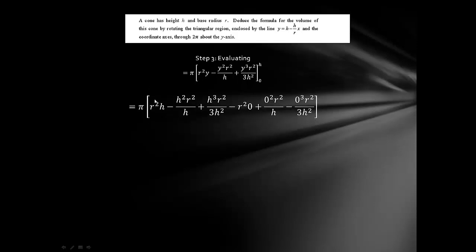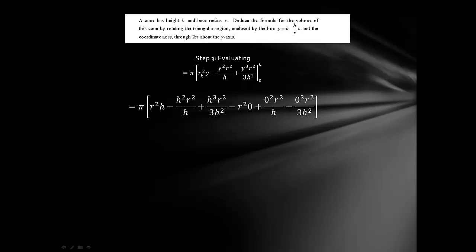So we get r squared h, we just plug h for y, minus h squared r squared over h, plus h cubed, again just plugging h for y, times r squared over 3h squared, minus, we plug a 0 for y now, and as you know the sign changes as you plug 0 in, so we have a minus.